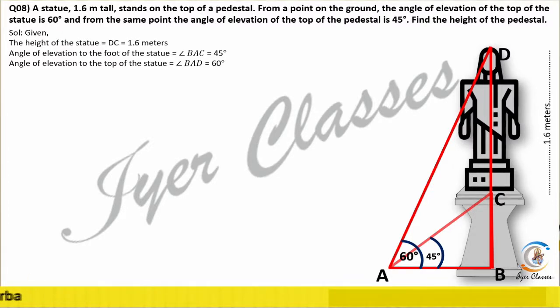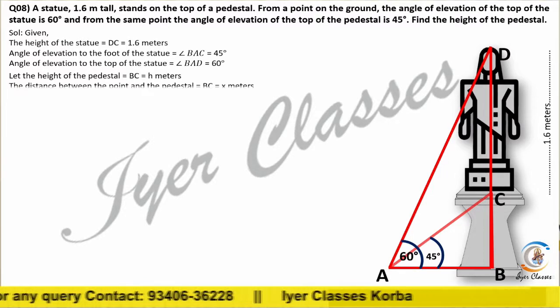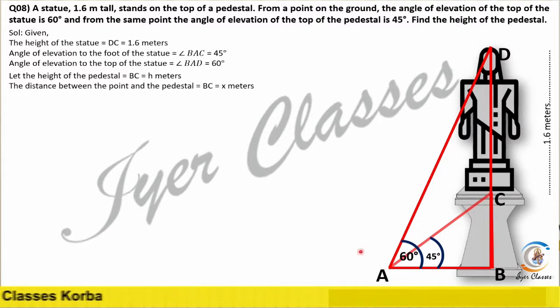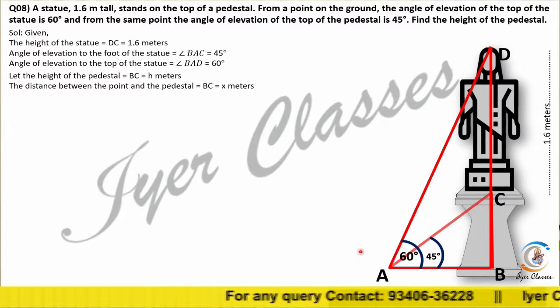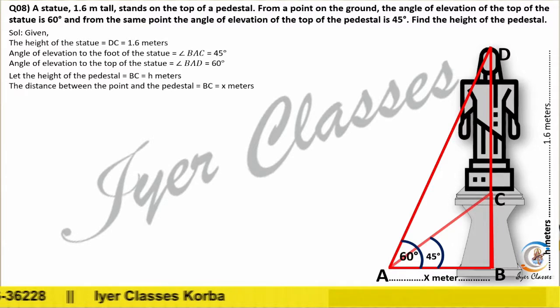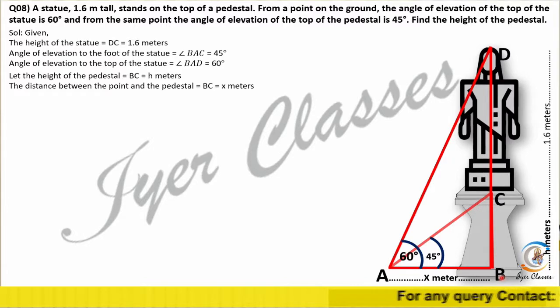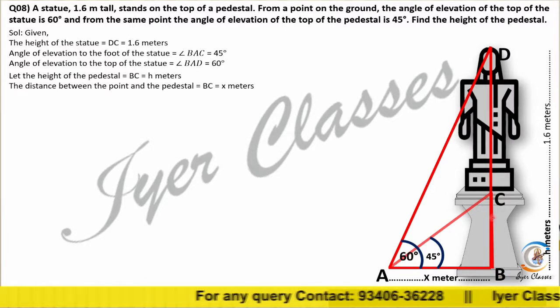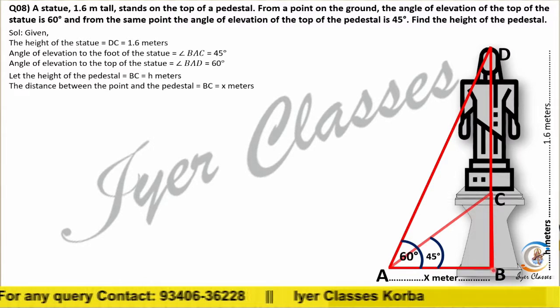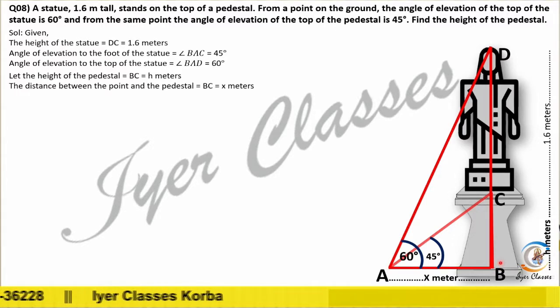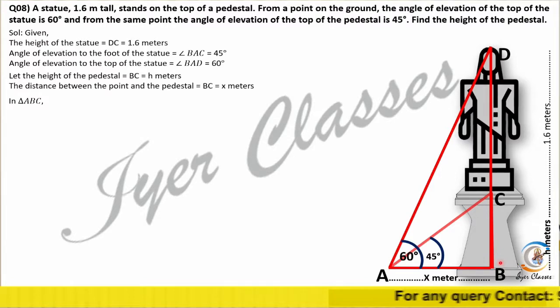The angle of elevation of the foot of the statue from the point A is equal to 45 degrees, and the height of the pedestal is equal to H meters, and the distance AB from the point where you are observing to the foot of the pedestal, where the pedestal center is taken as point P, is equal to x meters, right? Now you have to apply trigonometry to the whole problem to get the answer.